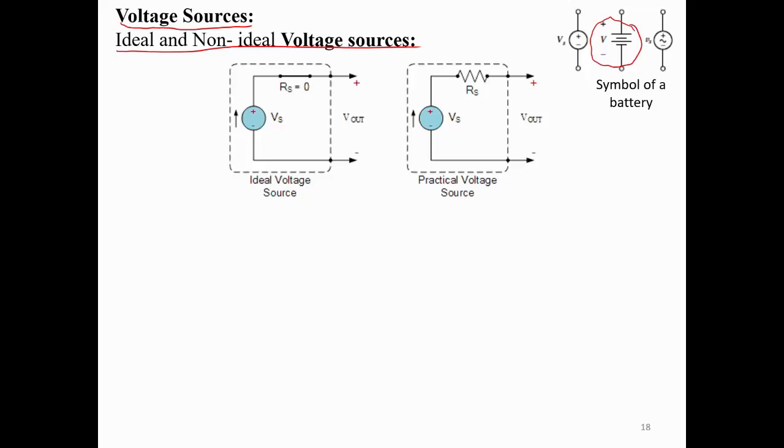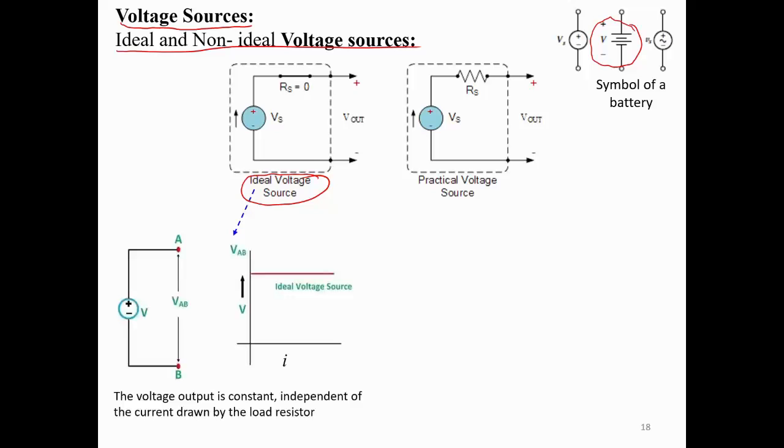Here's an example of ideal and non-ideal voltage sources or batteries. The first one is the ideal voltage source. An ideal voltage source means it is supposed to provide a constant voltage, right?